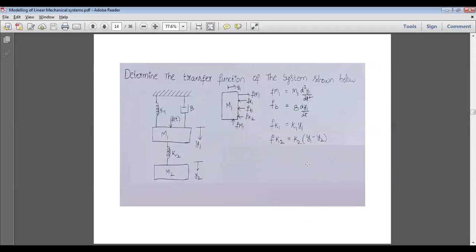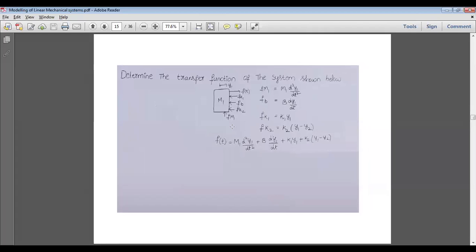Now let us write D'Alembert's principle. D'Alembert's principle says that the forces acting on a body and the forces resisting the motion of that body will be equal. That means f of t will be equal to what is resisting here: fm1, fk1, fb and fk2.